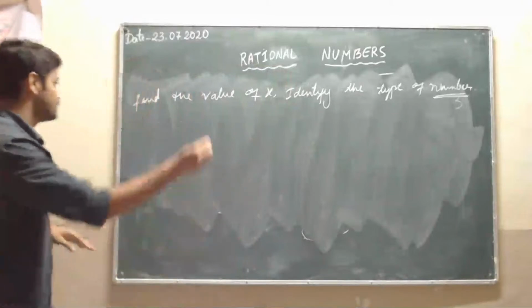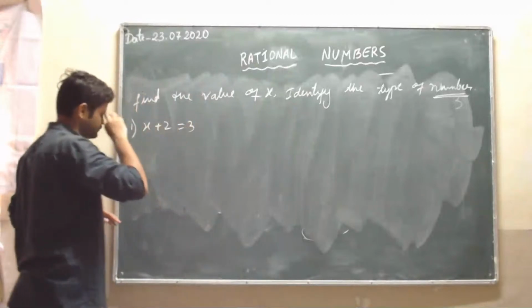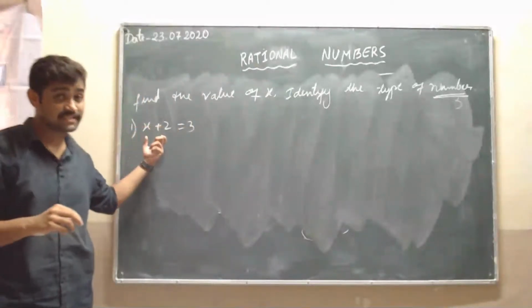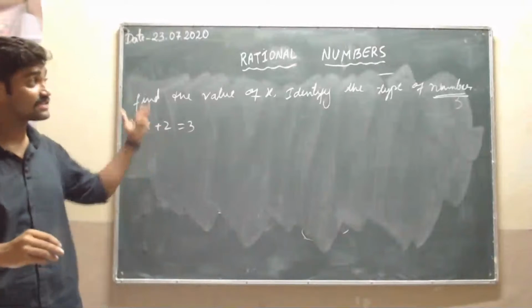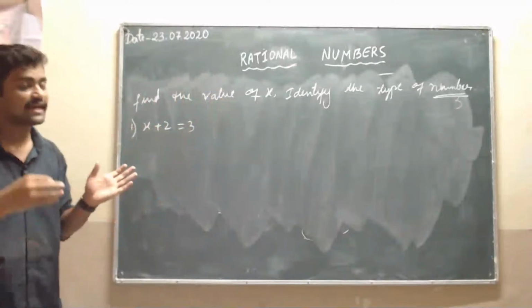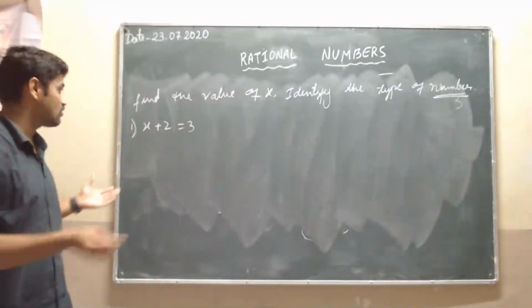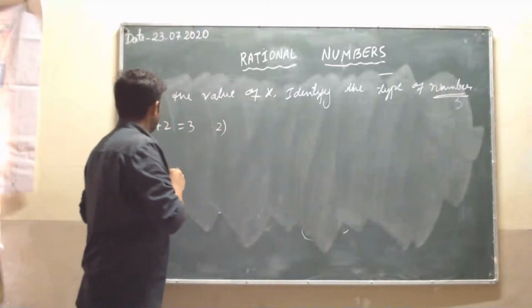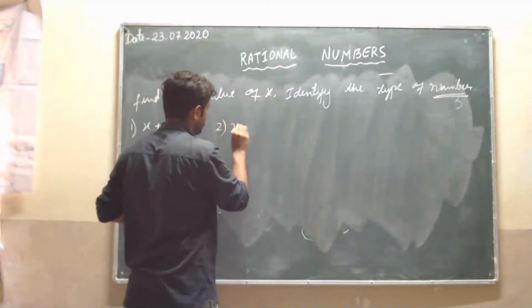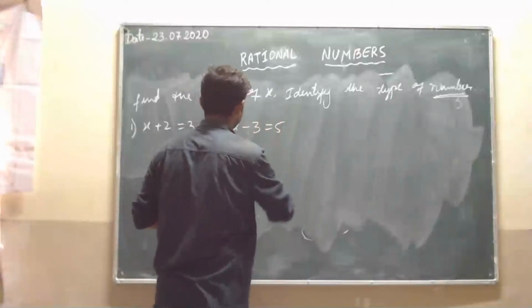First, x plus 2 is equal to 3. You have to find the value of x and identify the type of number, whether it is a natural number, a rational number, or an integer. You have to say that. Second one, x minus 3 is equal to 5.